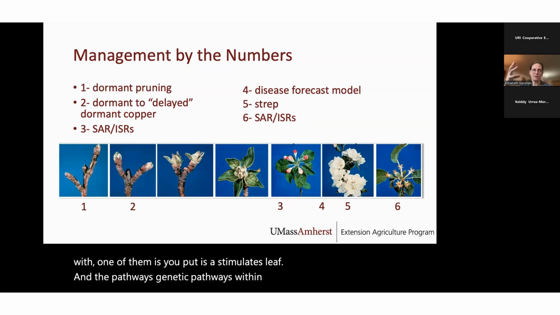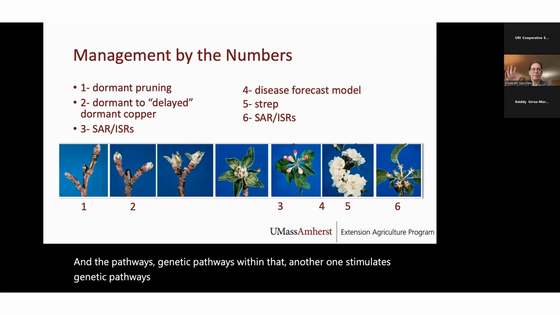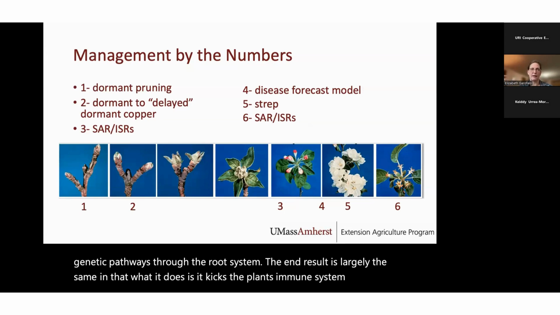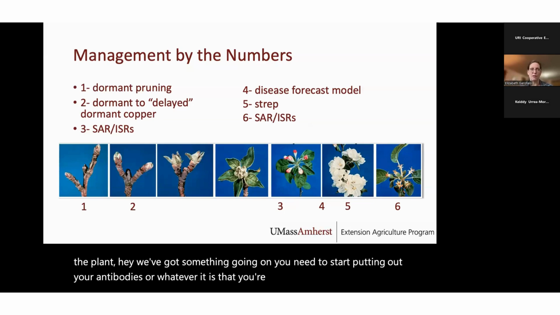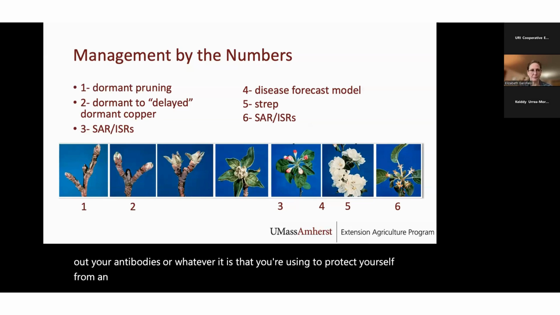Another one stimulates genetic pathways through the root system. The end result is largely the same in that it kicks the plant's immune system on and tells the plant, hey, we've got something going on. You need to start putting out your antibodies or whatever it is that you're using to protect yourself from an infection. So we want to do those at pink because it takes a little while for them to kick on.